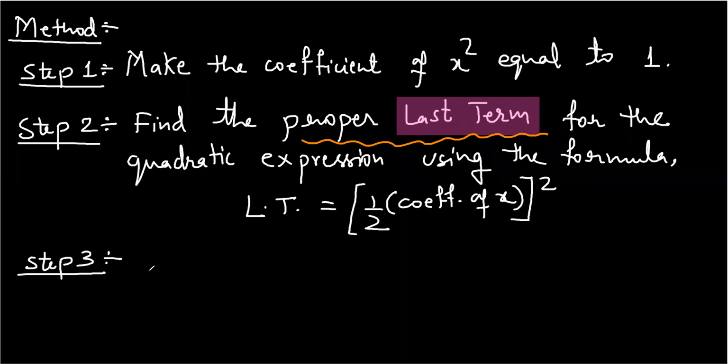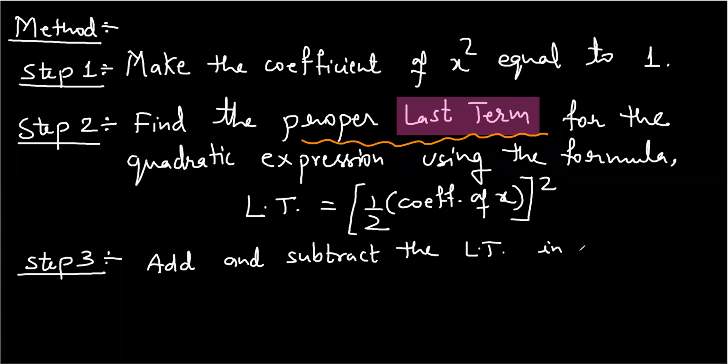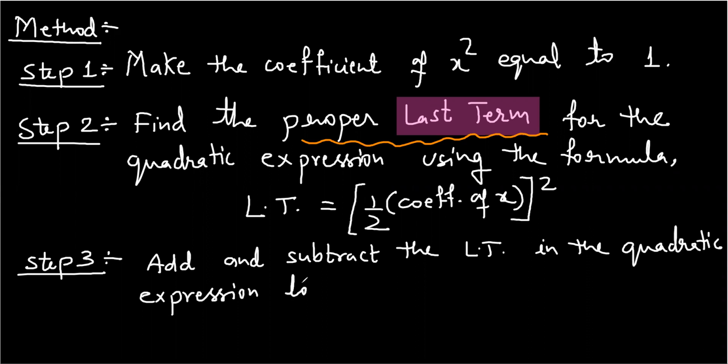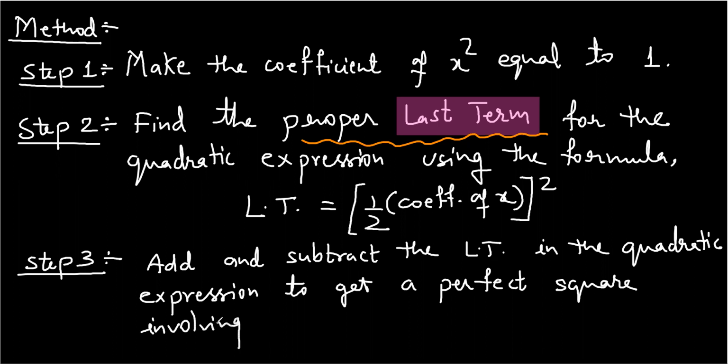I will add and subtract the last term in the quadratic expression to get a perfect square involving variable.